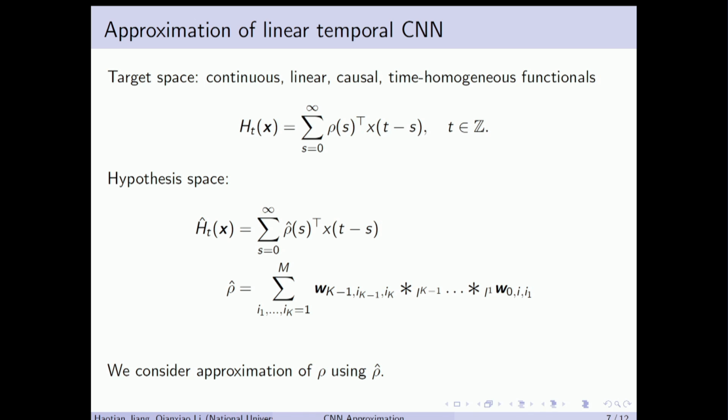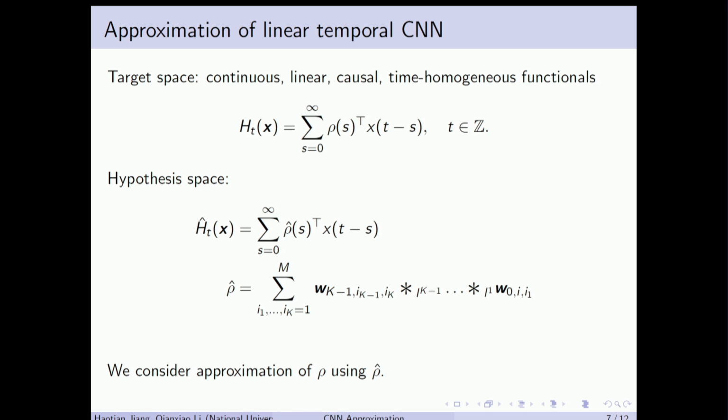And next, for the hypothesis space, we define the linear temporal CNN as this. It is a convolution with a filter rho hat, which is an M-channel and K-layer CNN. So we can write the whole filter in this form, where M is the number of channels, and the convolution here consists of k dilated convolutions, corresponding to the k layers of the CNN.